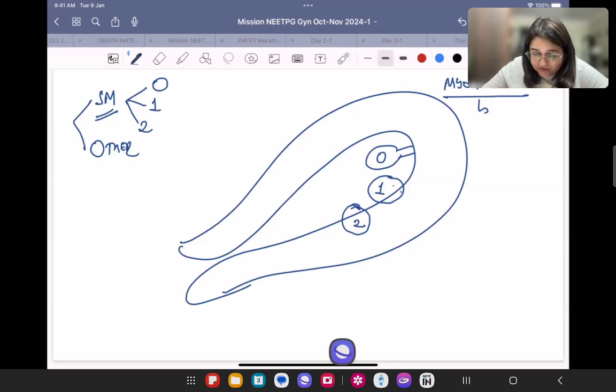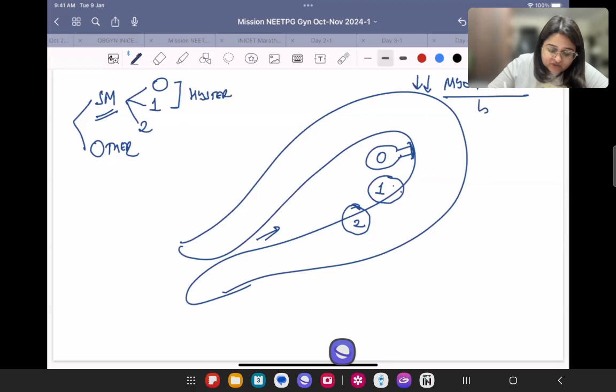Now tell me, what is the best way to approach a type 0 fibroid? Is it by laparoscopy or laparotomy, or is it by hysteroscopy? It is hysteroscopy, right? So if you want to remove a type 0 or a type 1 fibroid, the treatment of choice is a hysteroscopic myomectomy.